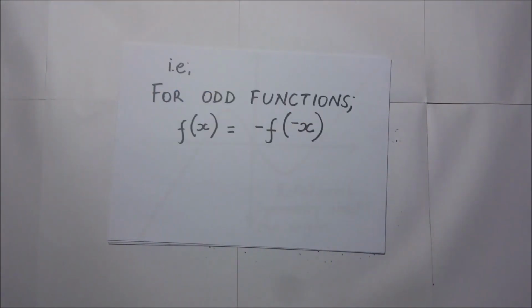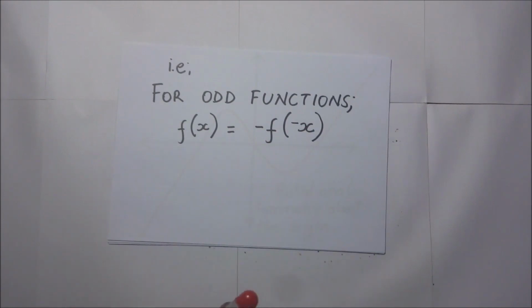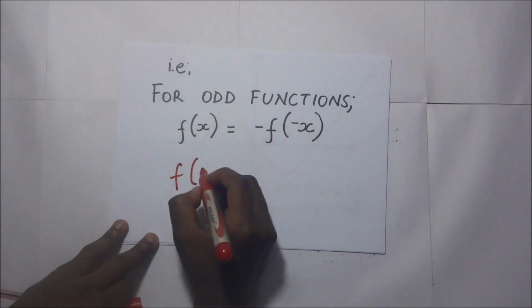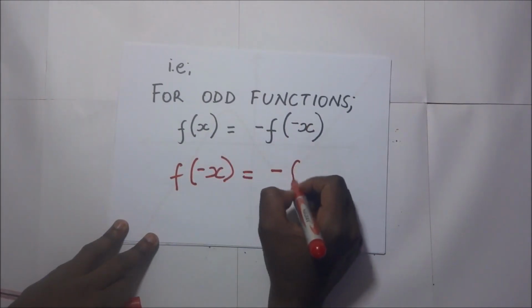So that brings us to the relation regarding odd functions. This is more accurately put when we say that when we put a negative value in there, it's going to return a negative.